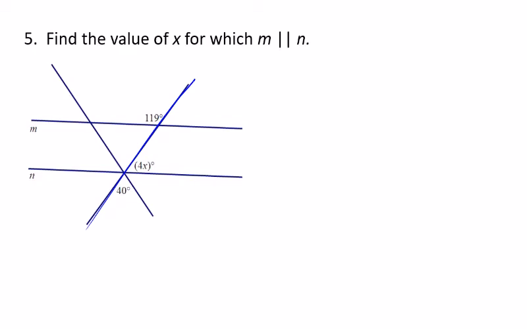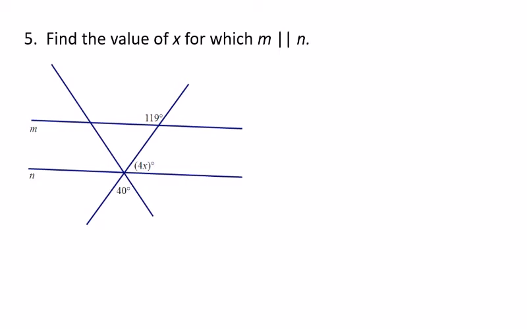And in that case, angle 4x and angle 119 are not in any particular helpful relationship, right? They're not alternate interior because 119 is exterior, and since 4x is interior, they're not alternate exterior. They're not corresponding. They're not in the same position, and so we don't have those relationships.